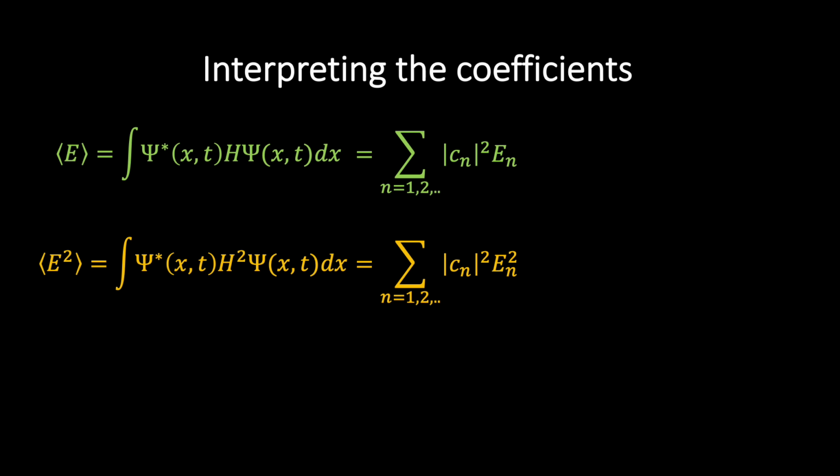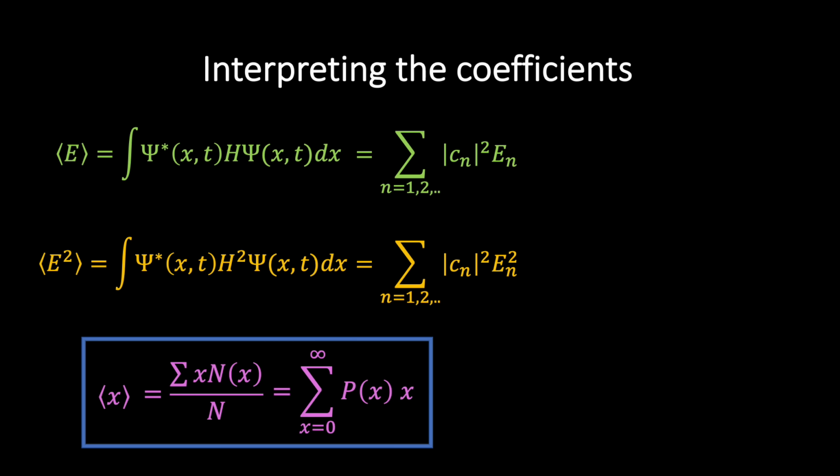And so we see that we're finally in a position to answer the question we originally posed, namely, what is the physical meaning of the complex coefficients? If you recall from our discussion on probability theory, the expectation value of some variable x is given by the following expression.